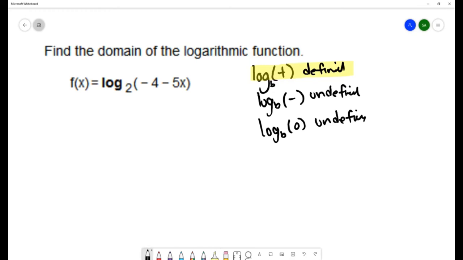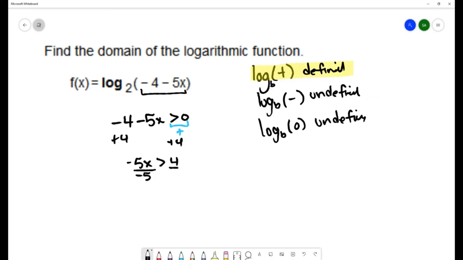So when we want to find the domain, we're going to take the expression inside the log, and we want that to be greater than 0. So greater than 0 means positive. And we're going to solve that inequality to find the domain on x. So we're going to add 4 to both sides. That gives negative x is greater than 4.